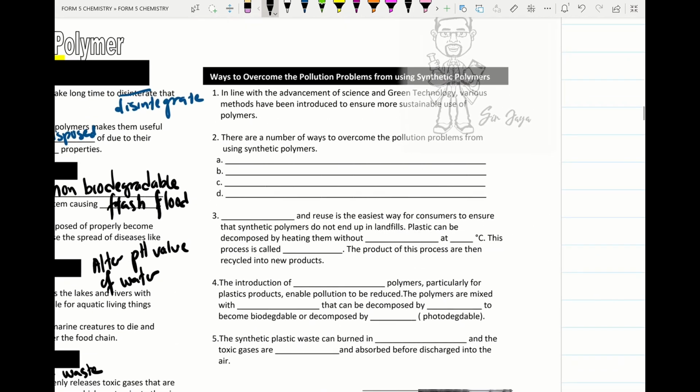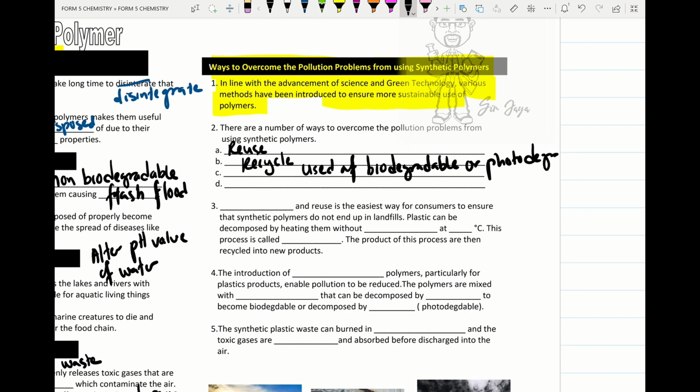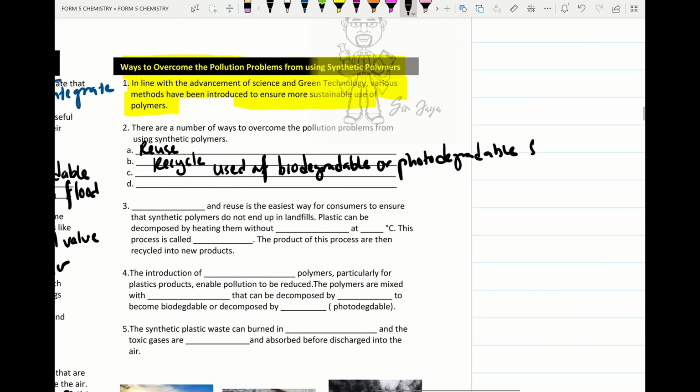Now we move on to the ways to overcome the pollution problem caused by synthetic polymer waste. In line with advanced science and green technology, various methods have been introduced to ensure more sustainable use of polymers. Our first methods are reuse and recycling of synthetic polymers, and use of biodegradable or degradable synthetic polymers.